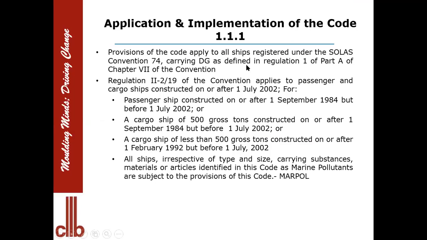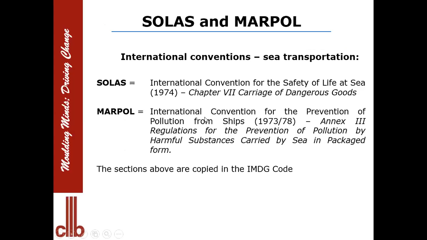The provisions of this code apply to all ships registered under the SOLAS Convention 74, carrying DG as defined in Regulation 1 of Part A of Chapter 7 of the Convention, because packaged dangerous goods is under Part A. Regulation 2-19 of the Convention applies for passenger and cargo ships. So this is for ships. Passenger ships constructed blah blah blah, cargo ships of so much tonnage, and so on and so forth, says that this code is now applicable for that.